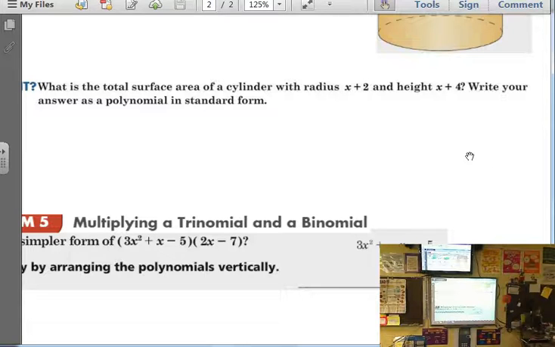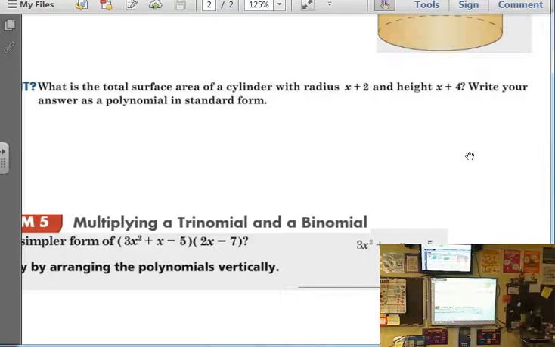The area of a circle is pi times radius squared. That turns into pi times x plus 1 squared. If I wrote that out, it'd be x plus 1 times x plus 1. When you square something, it times itself.